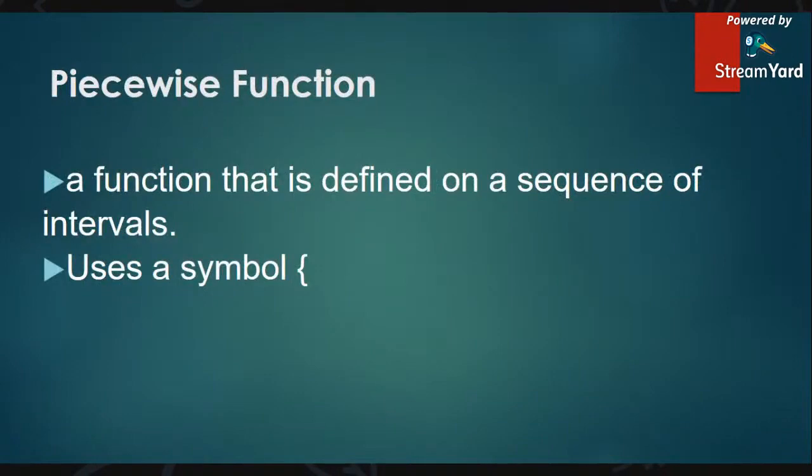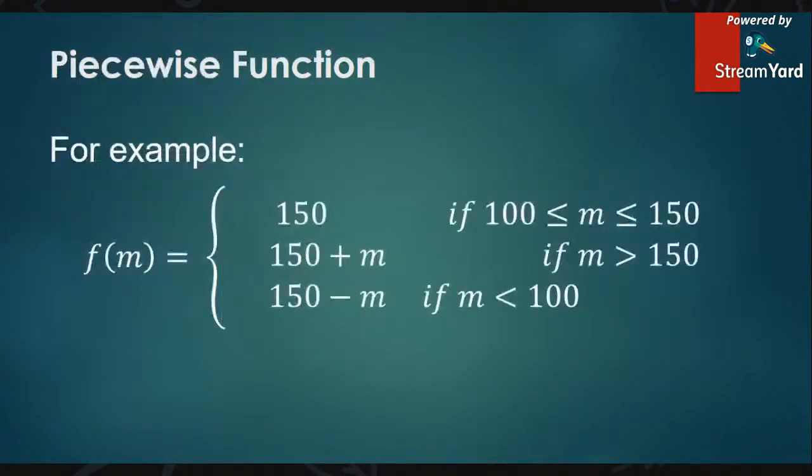Piecewise function. So, it is a function that is defined by a sequence of intervals. So, uses a symbol, open curly braces or curly brackets. So, hindi gumagamit dyan sa piecewise function ng close curly brackets or curly braces. So, sa piecewise function, dito pinagsasama-sama yung mga function na magkakaugnay. Kunwari, ito.